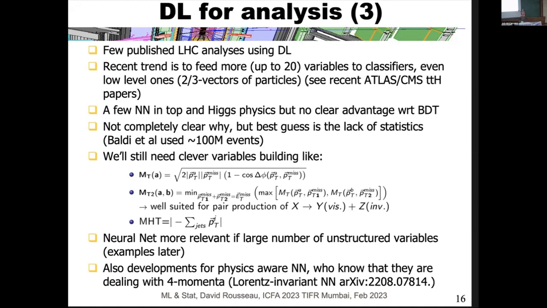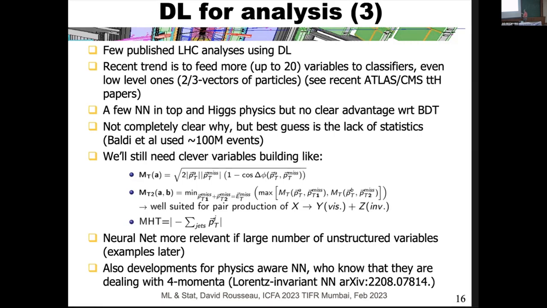Meaning you still need to build intelligent variables like this one, a transverse mass of lepton and missing ET, this one transverse mass of jets, and so on and so forth. So, which is already what we have been doing for decades, to build intelligent variables capturing what we need to know about specific topology.